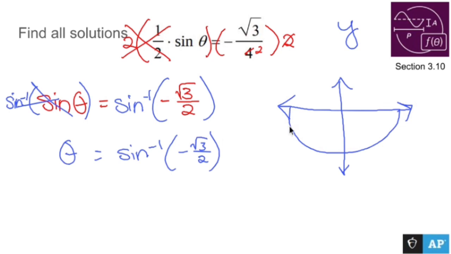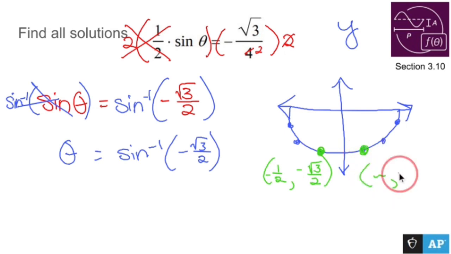Now, if I were to put dot, dot, dot, and dot, dot, dot like so, and try to find out where sine, or y, is negative root 3 over 2, that will happen right here. I would get negative 1/2 technically, and negative root 3 over 2, which corresponds to this point, and also to this point as well.